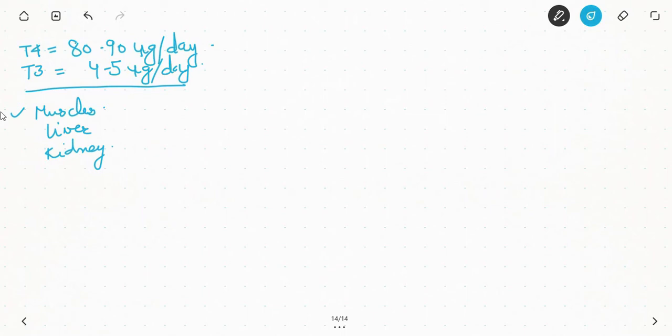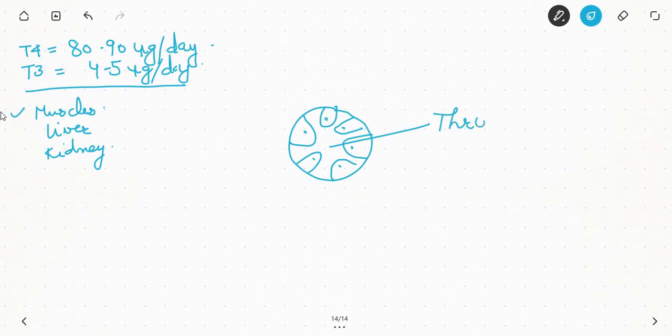So suppose these are the follicular cells. And this is the thyroglobulin. So synthesis of these hormones takes place in thyroglobulin.